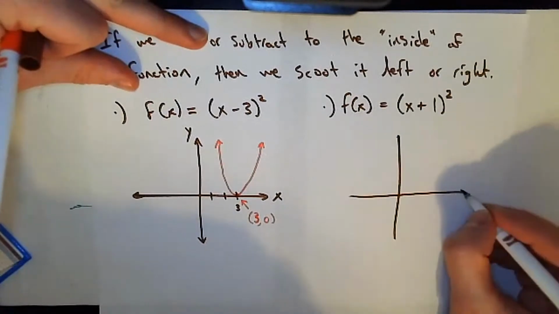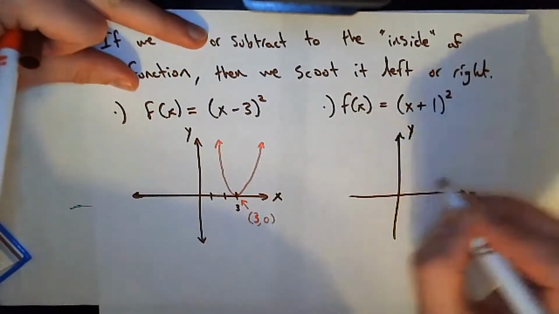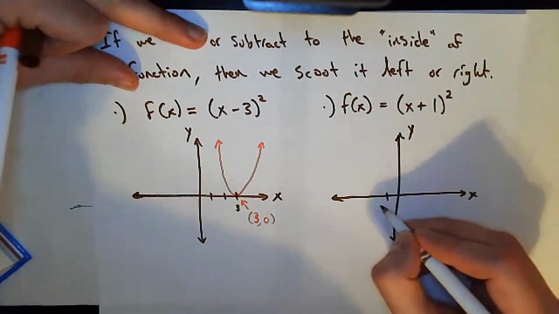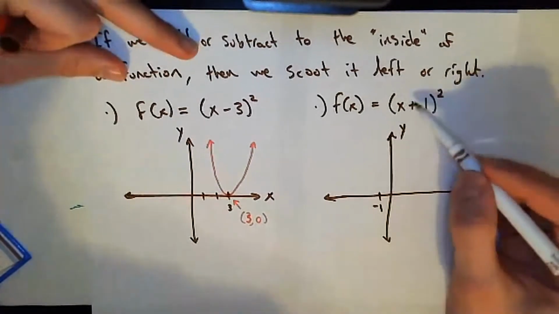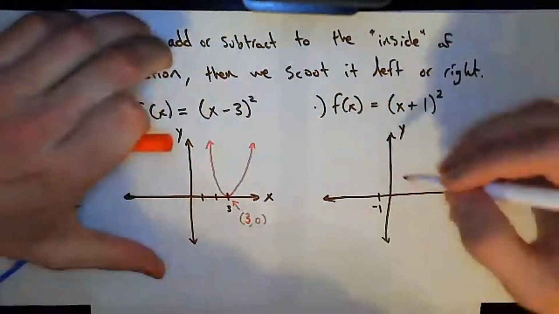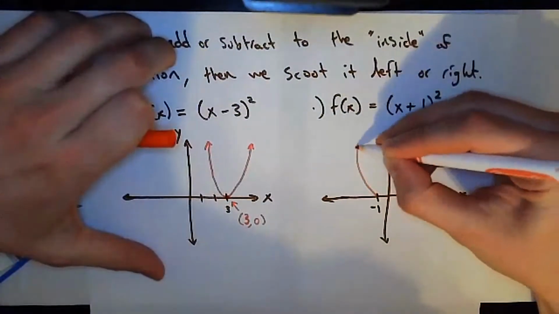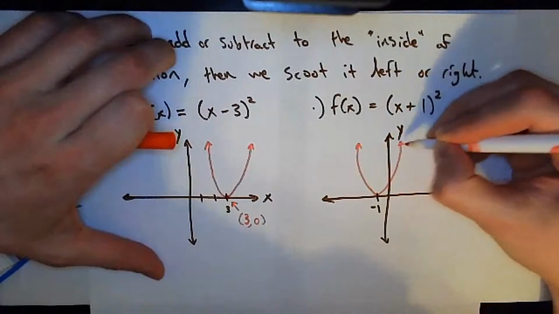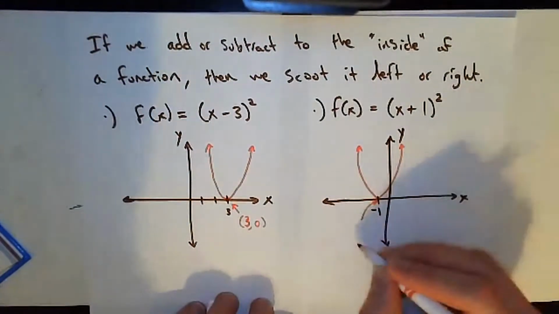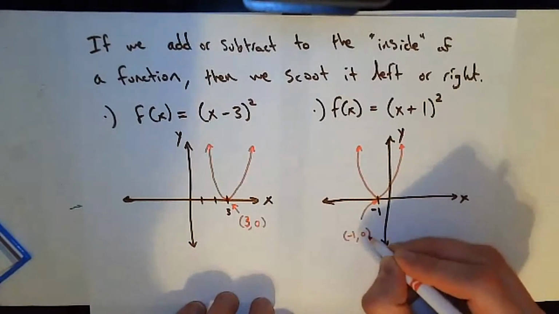So likewise over here, we're going to have a parabola right there at negative 1, because a plus 1 inside is going to shift it left by 1. There we go. And its new little origin point would be negative 1, 0.